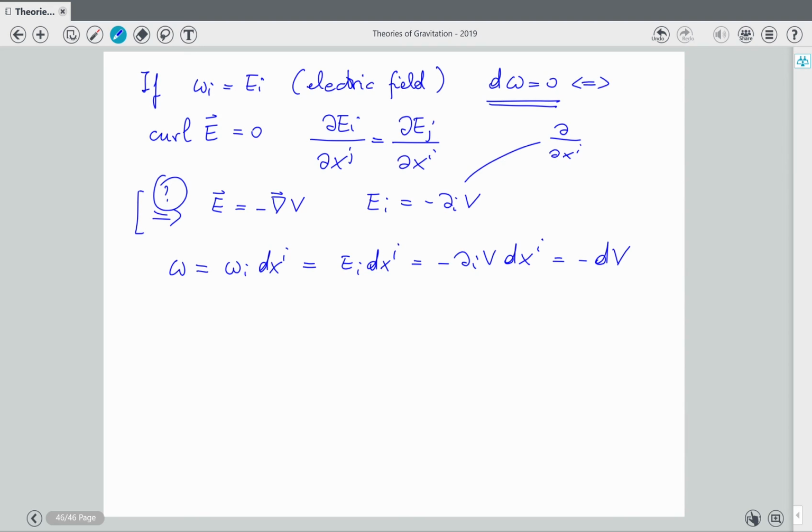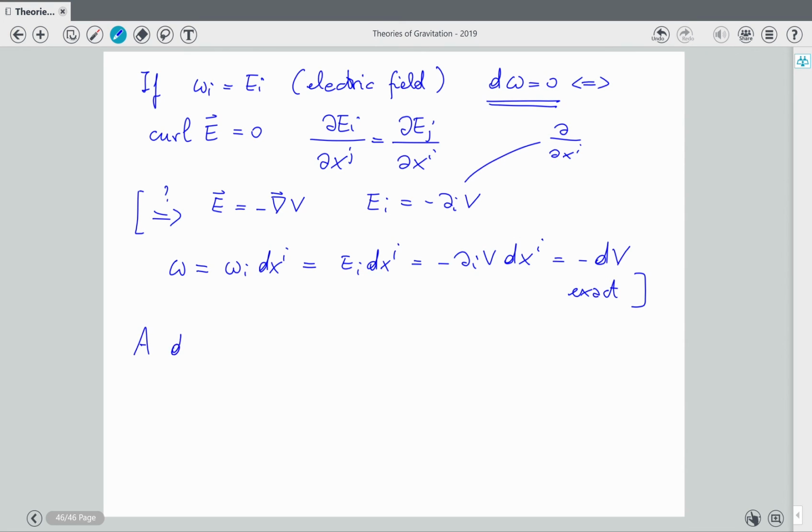There is a question mark here because the question is, when is a differential form that is closed also exact? Well, usually always in classical electrodynamics, but that is not true. So let's give the definitions before moving forward.